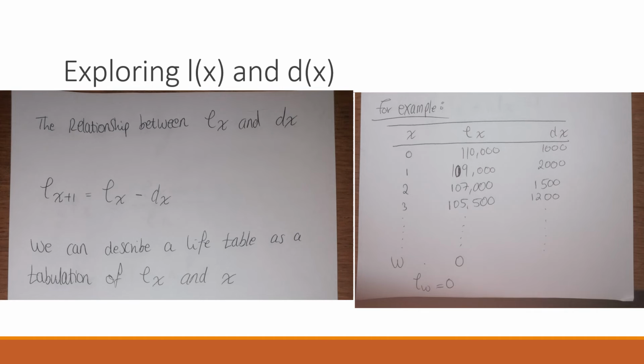We tabulate these entire life tables until there is no one left alive, which we typically denote with ω. We know for a fact that Lω will always equal 0, because eventually everyone will unfortunately die. So that's a little bit about the basic relationship between Lx and Dx.